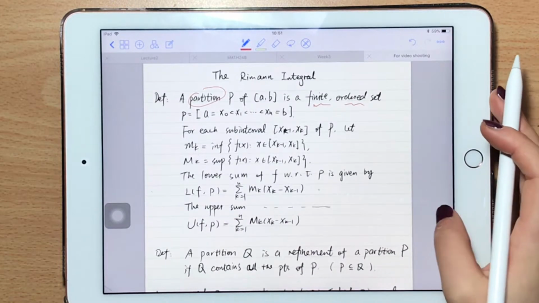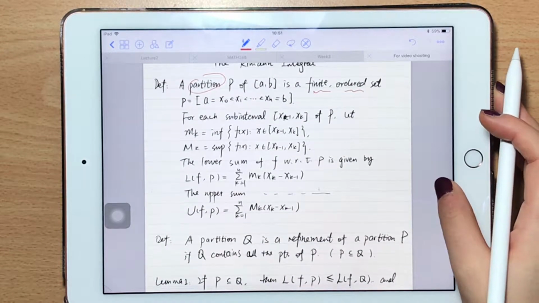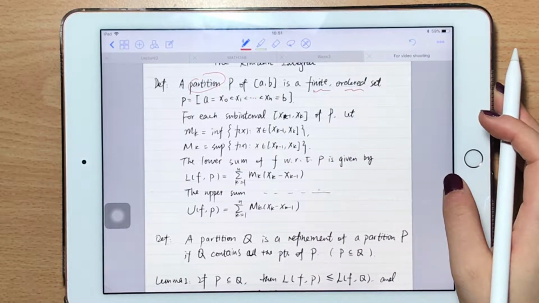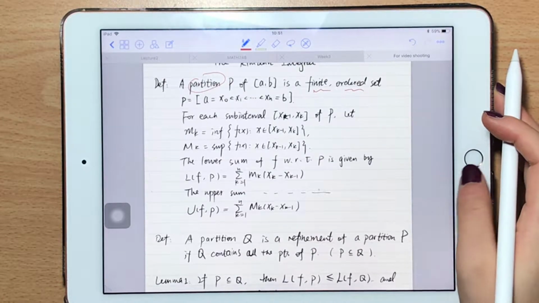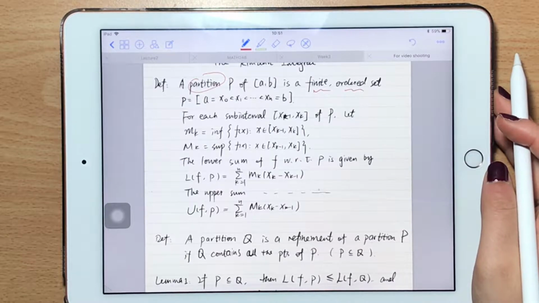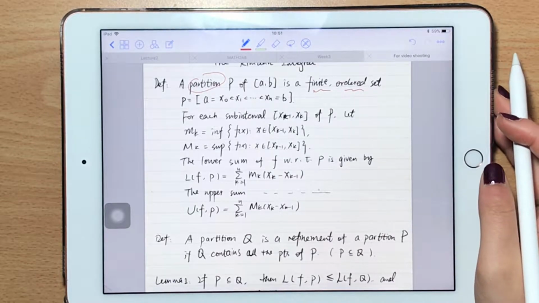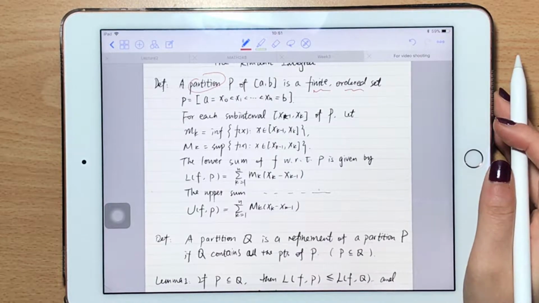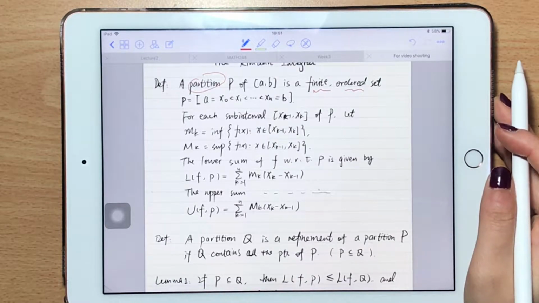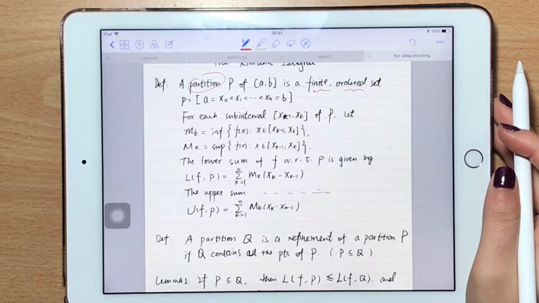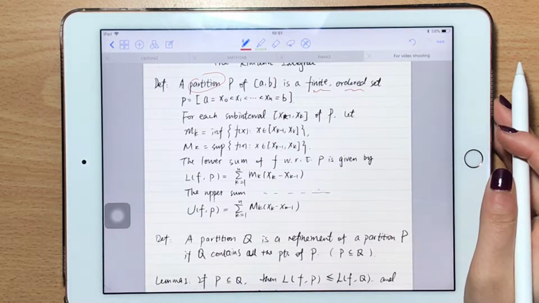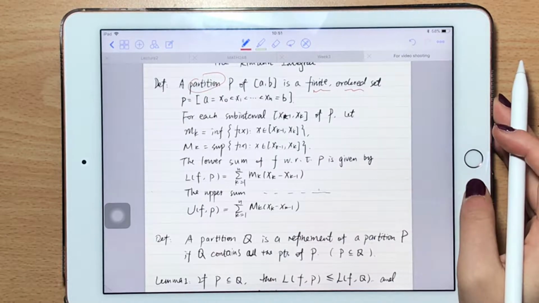So it's the same when we take a partition, but you have to remember P is a finite and ordered set, and x0 and xn are the endpoints a and b. And for each subinterval, we also have mk and capital Mk, which are the infimum and supremum of the function in that interval, right? How are we going to use them?